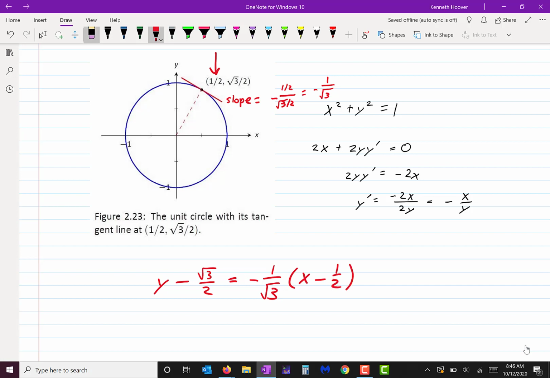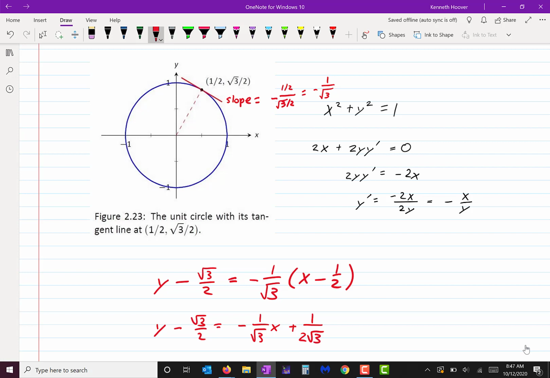And if you want to put that into slope-intercept form, then you would have, let's see, y minus root 3 over 2 equals negative 1 over root 3 x plus 1 over 2 root 3.